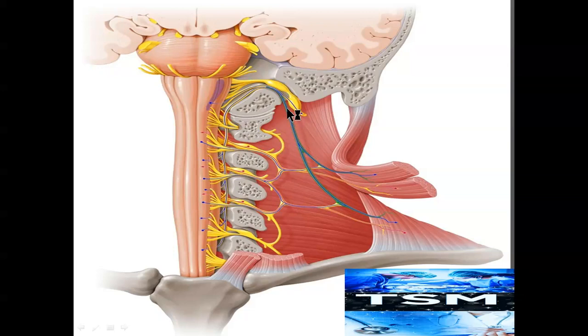Whereas this external branch, or the spinal accessory nerve, after exiting your jugular foramen, goes and supplies your sternocleidomastoid muscle and your trapezius muscle over here. We will discuss further in detail.